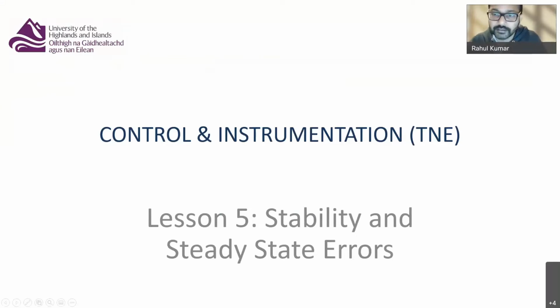So in this lesson, lesson number 5, we will be discussing stability and steady state error of the control system. So far we have understood how to develop the transfer function, and from the transfer function we can calculate the number of poles and number of zeros.